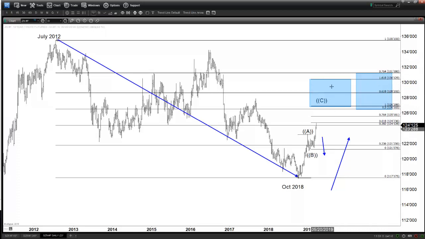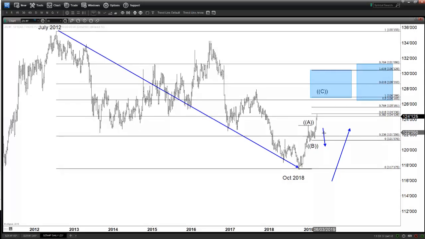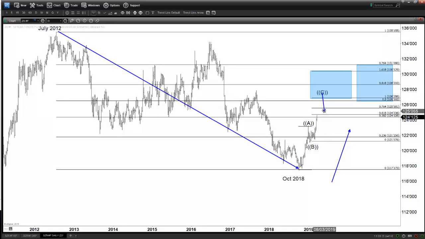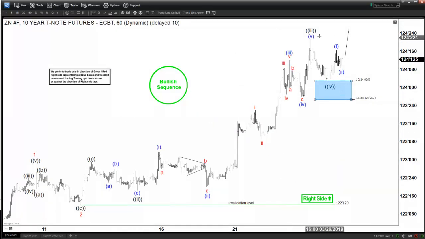Now, if this is going to be an ABC, then we will get at least a pullback from here in 3 waves. But if this becomes 1, 2, 3, 4, 5, then it can potentially extend even higher. But again, for conservative purposes, we can assume this is an ABC for now, and that means we should be looking for more upside towards this area. So in the shorter cycle, any dips are going to find buyers for more upside.